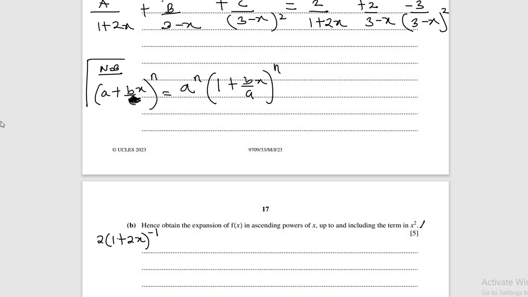It's the same thing. This is key when doing binomial expansion. If you do your maths and rearrange this equation, you are going to get back this.